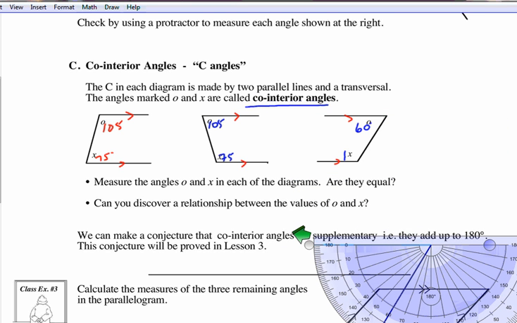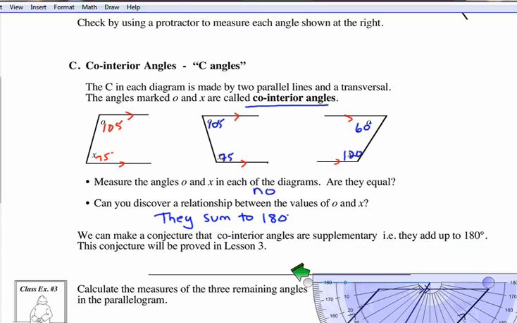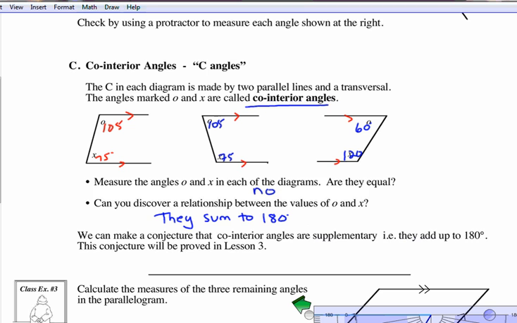And so co-interior angles, what can we say about them? Are they equal? No, they're not equal, but there is a relationship, right? Co-interior angles add to 180. They sum to 180. Another term you need to know is supplementary.